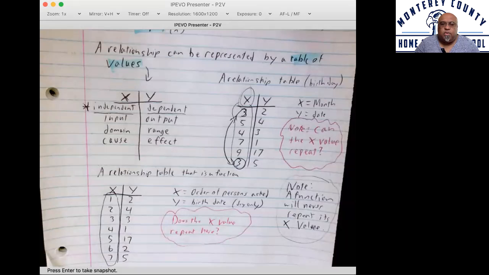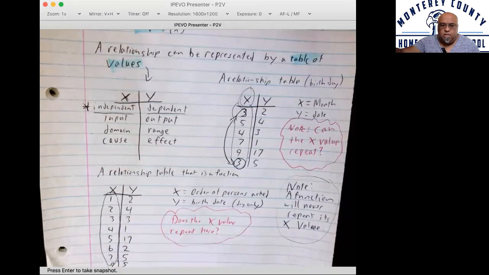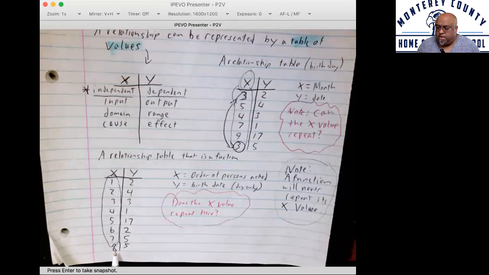Okay? So even if I had twins here, for example, and let's say one of the twins was born on the fifth day of the month, and the next twin was also born on the fifth day of the month. If I were to add those values here, I would have 8, 5. It's not saying that one was born on July 5th and the other was born on August 5th.